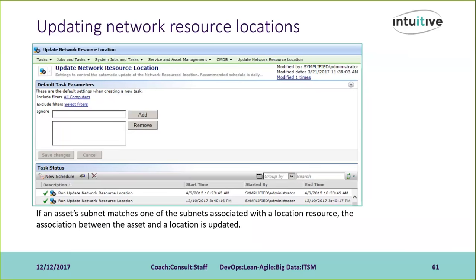So if you had a group of computers on subnet A and you associated subnet A to location 1, then any computer that would be part of subnet A would automatically be associated to location 1. Again, a little less used now because of our more mobile IT asset makeup.